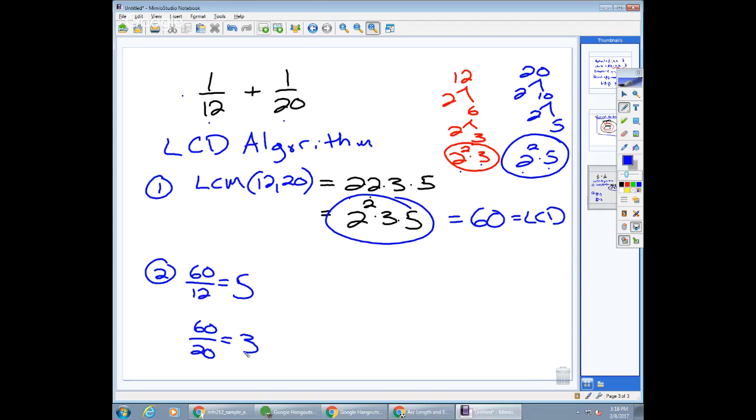So based on that, I take the 1/12 and I multiply top and bottom by 5. And I take the 1/20th and I multiply top and bottom by 3. So now I'm adding 5/60ths to 3/60ths. And so I think the answer is 8/60ths.